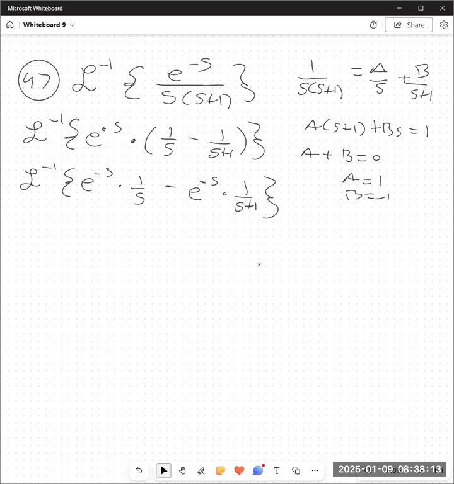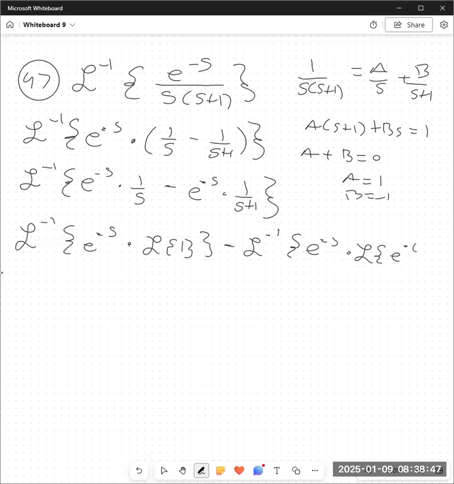It's going to be the inverse Laplace transform of e to the negative s times the Laplace transform of 1, minus the inverse Laplace transform of e to the negative s times the Laplace transform of e to the negative t.